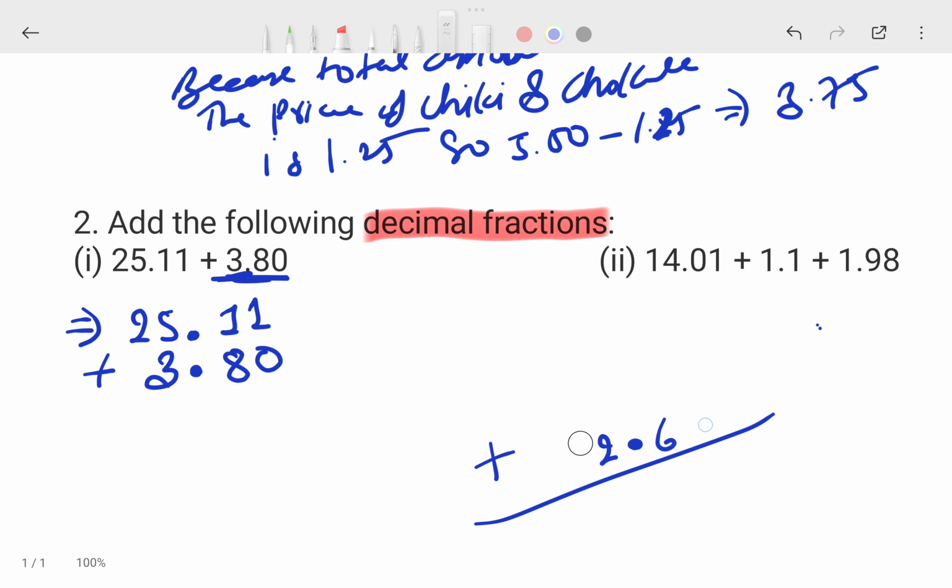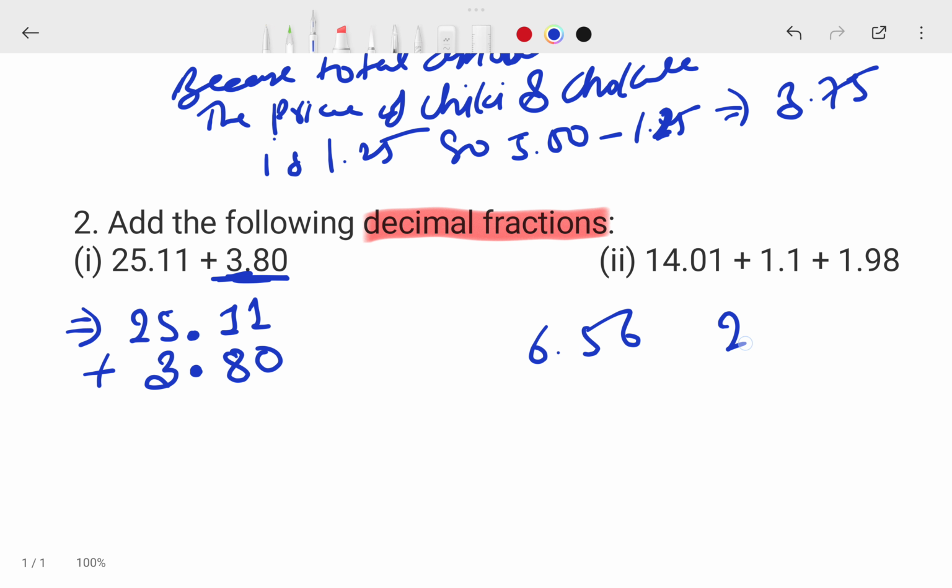Another example I will tell you. Let's suppose this is 0.56, and another number is 265.06. So this is given as 6, point, 5, 6. This point is given, so write the point in that position. Same, what is here? It is 5, write the 5.